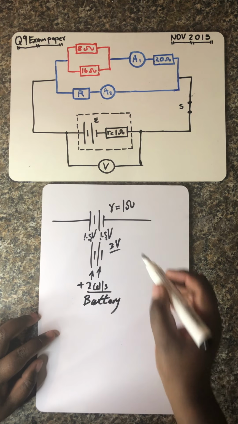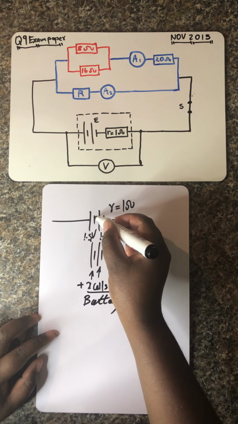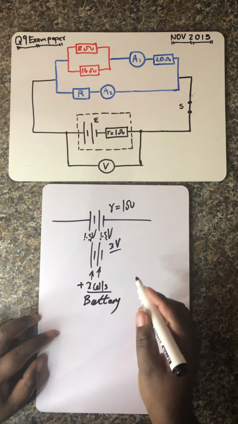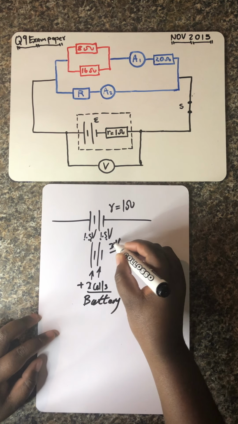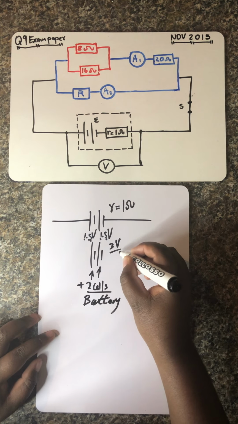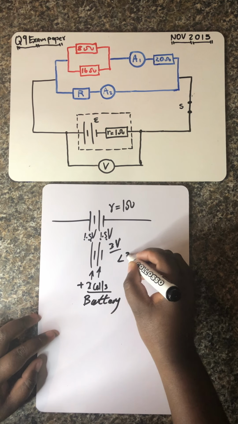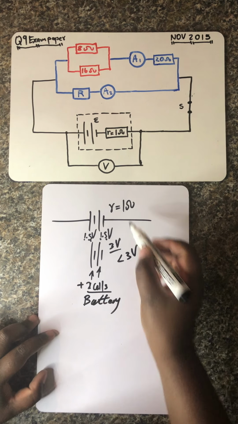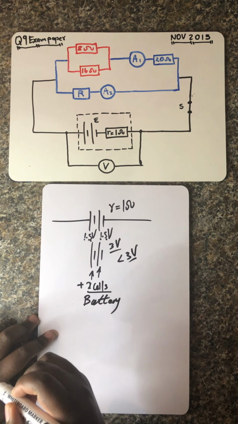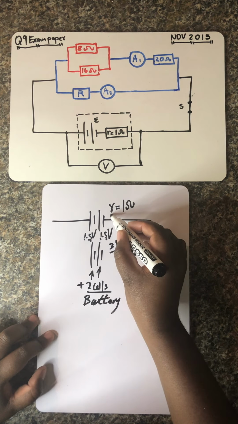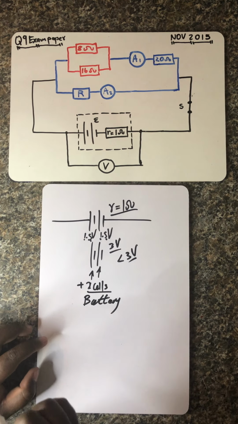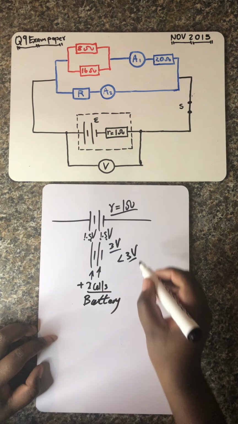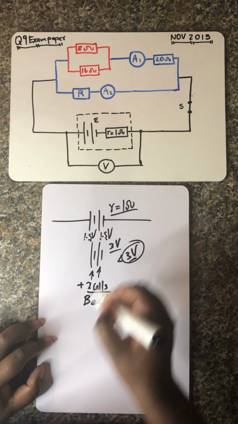It means the voltage which is going to supply anything connected to that circuit will be less than 3 volts. Why? Because part of that 3 volts will be resisted by that 1 ohm resistor. So the 1 ohm resistor will resist some of the voltage.